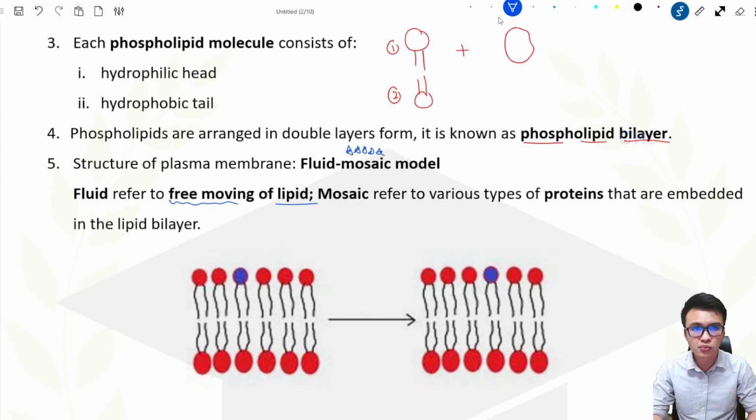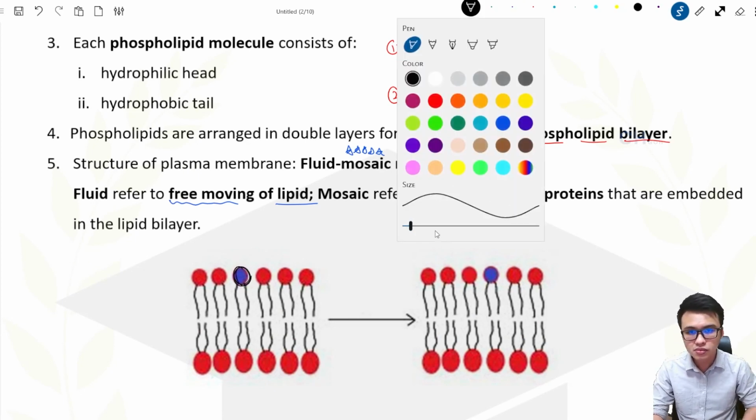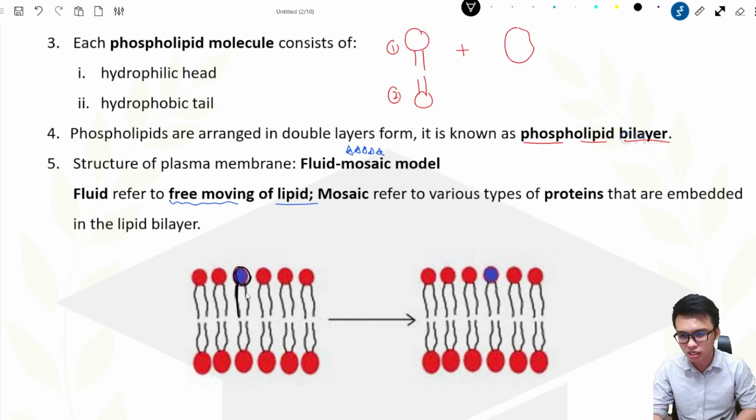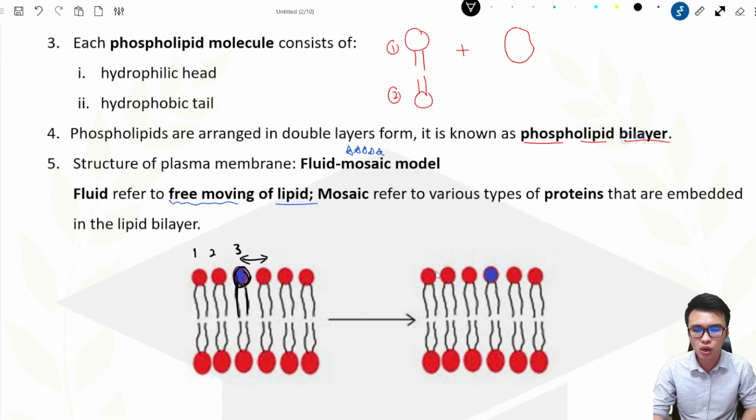What is the meaning of free moving? Look at these guys. These little phospholipids are able to swap places with their neighbor. At first it's the third place, but when they swap, it becomes the fourth place. They can swap places. That's why we call it fluid, because they can move randomly.